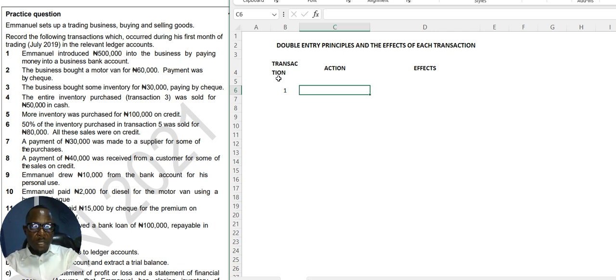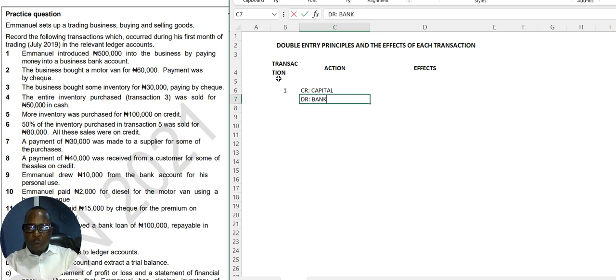From our previous class, you know that Emmanuel should be taken as capital, isn't it? So in this case, you credit capital, and debit what? You debit bank.